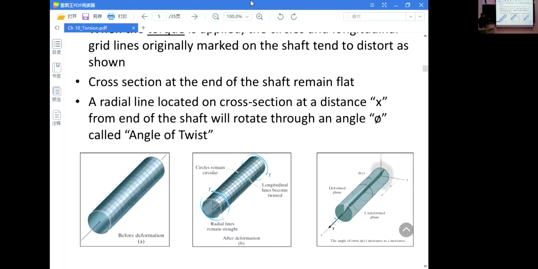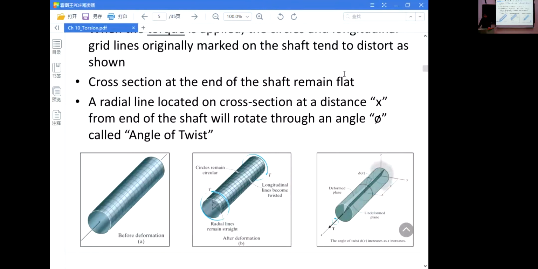We can't find the shear stress in this kind of member if the cross section is not circular. Understand? Because we get the formula based on the experiment.